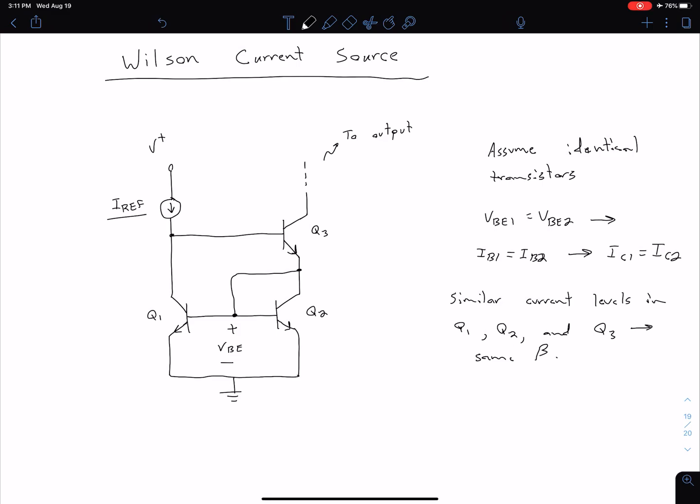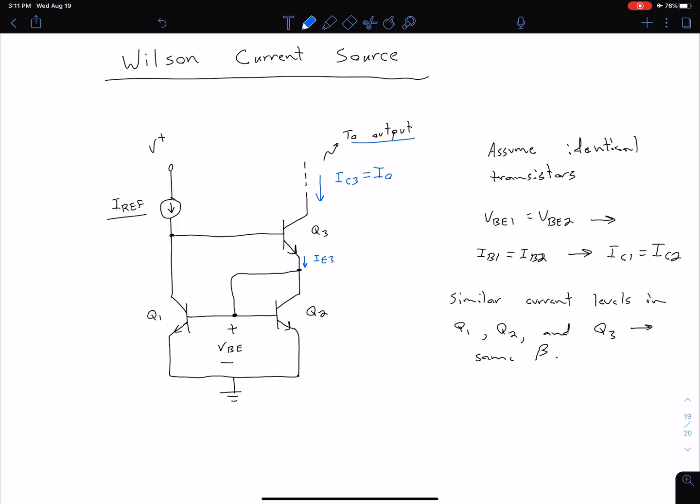Okay, and so let's label some currents and voltages on here in order to facilitate our discussion. Of course, what we're going to be interested in ultimately is this output current that's going to our output, as I have labeled here. This is going to be our collector current for Q3, so IC3, which we're also going to call Iout. On the other side here, we have our emitter current IE3.